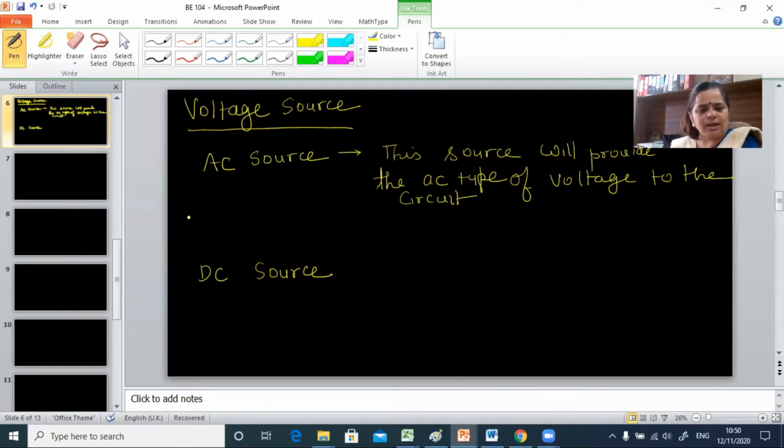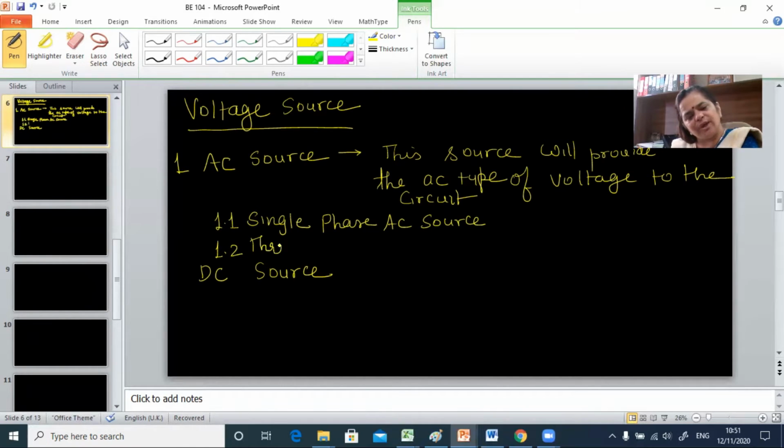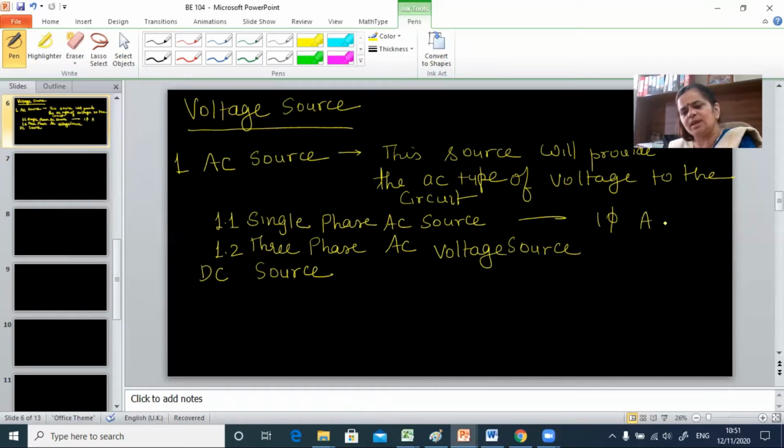And it can be further classified in two ways. One is called a single phase AC source, and another one is a 3-phase AC voltage source. This provides single phase AC voltage to the circuit and this provides 3-phase AC voltage to the circuit.